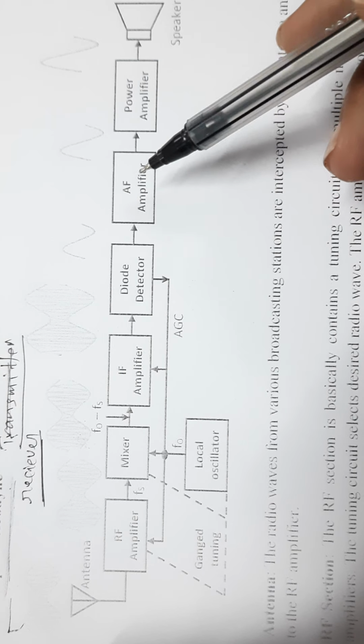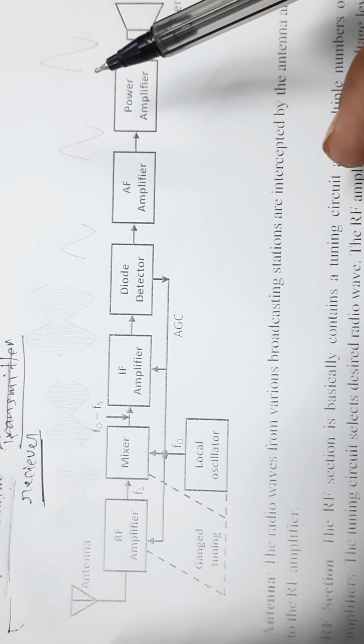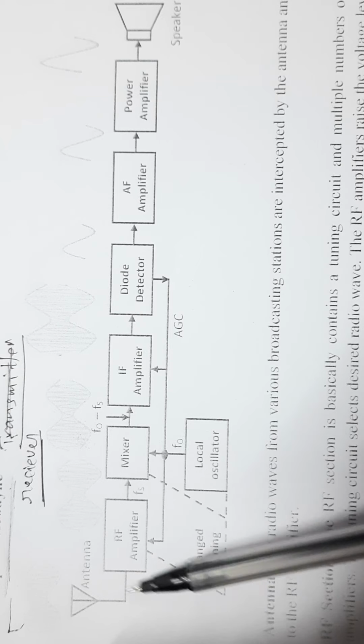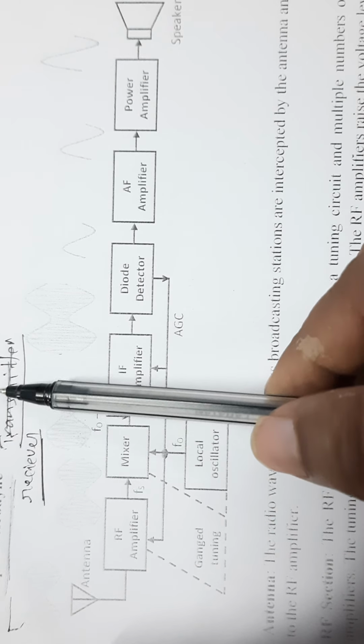This message signal is then reproduced back as the original sound. So this is the simple block diagram of super heterodyne receiver.